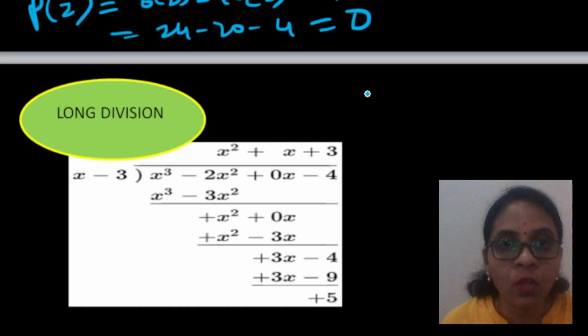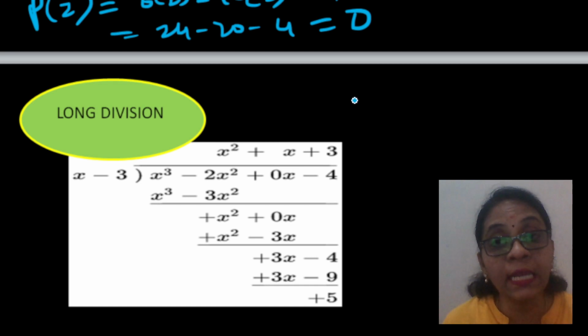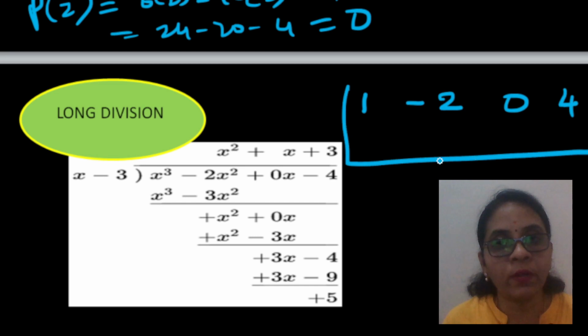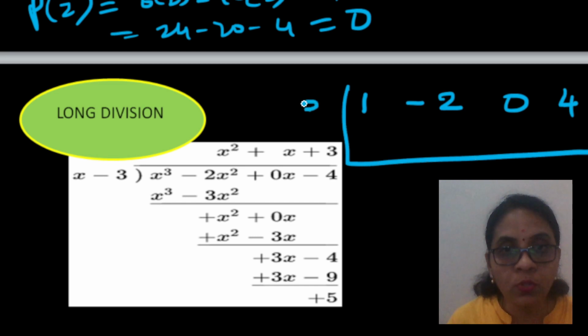So, what did I ask you all to write? I asked you all to write the coefficients of the dividend in which order? In decreasing order. So, here the coefficients are 1, minus 2, 0, and the constant is 4, and x minus 3 equated to 0, so it is 3, put a 0 here.